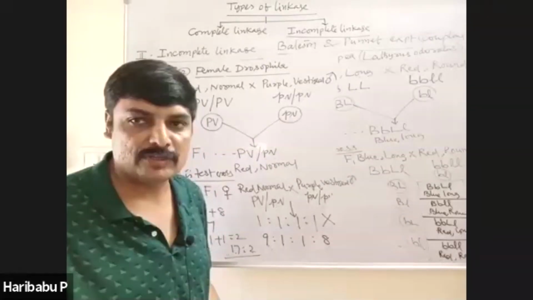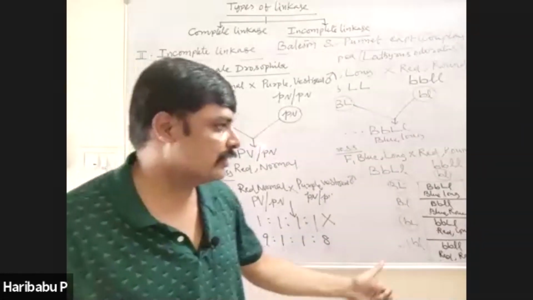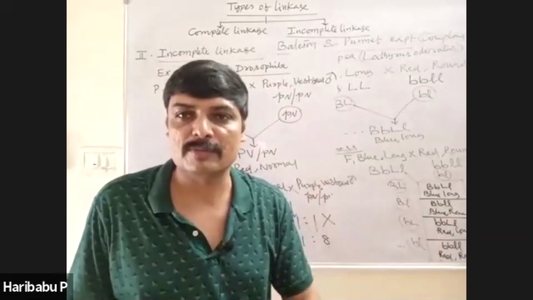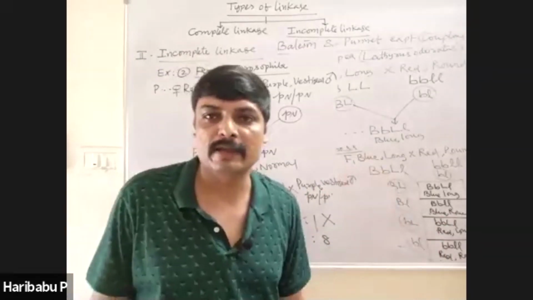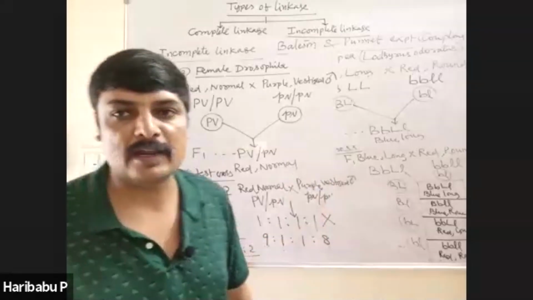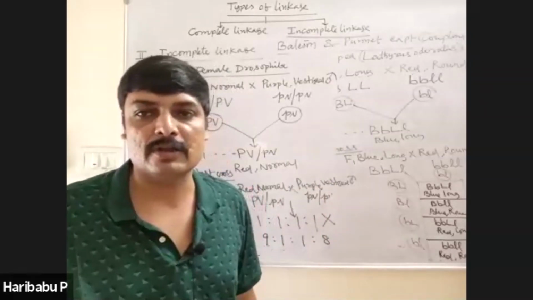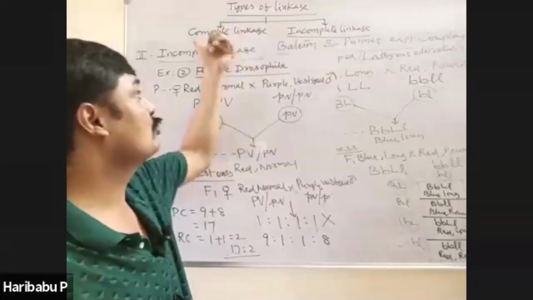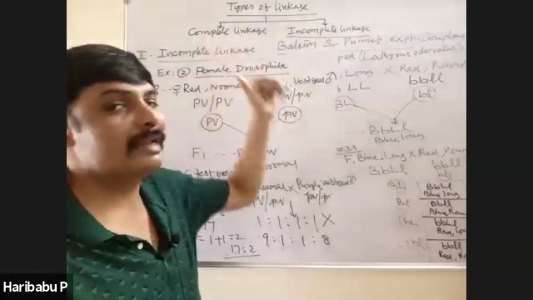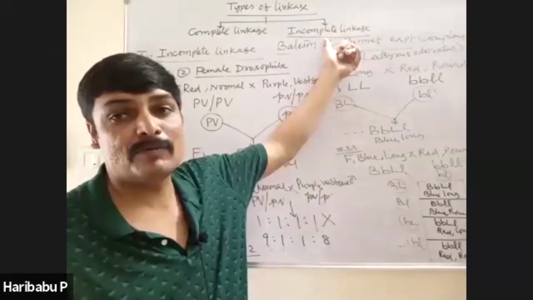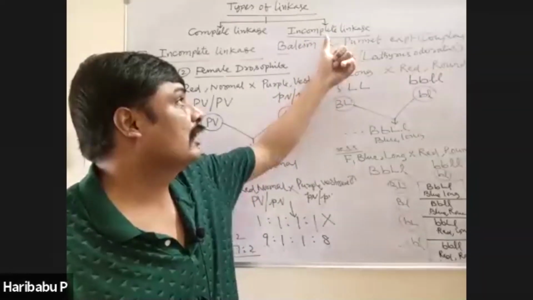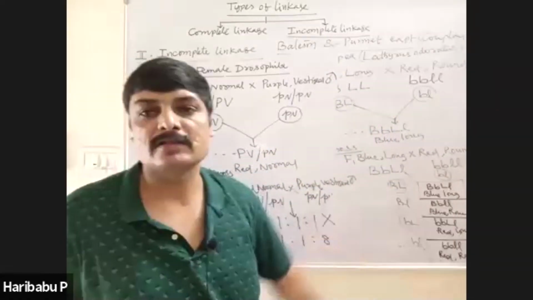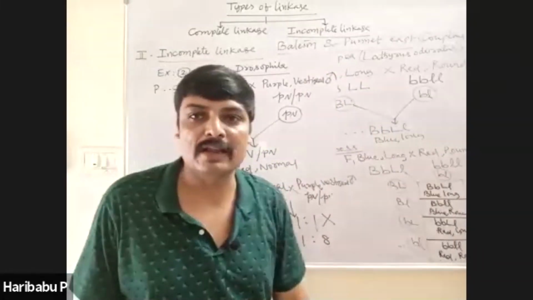Based on the progeny. In the test cross progeny, if all are one type, that is parental combinations, it is complete linkage. If along with parental combinations, recombinations are also obtained, it is called incomplete linkage. Male Drosophila is an example of complete linkage. Female Drosophila, along with sweet pea in plants, is an example of incomplete linkage.